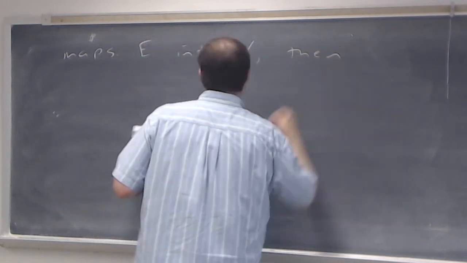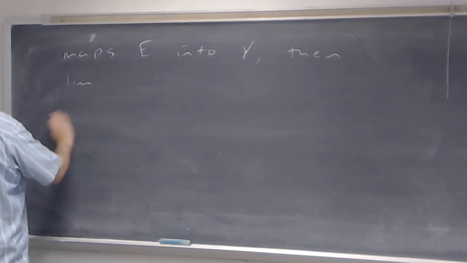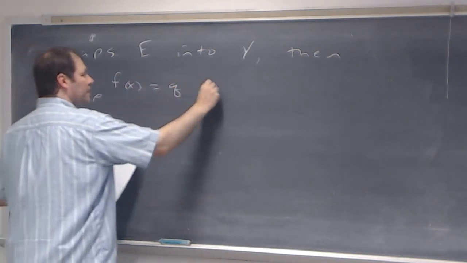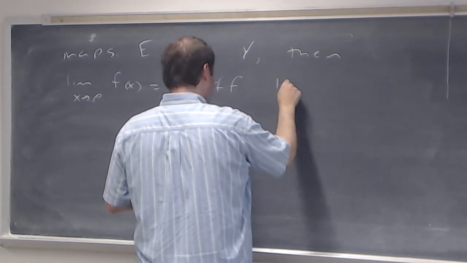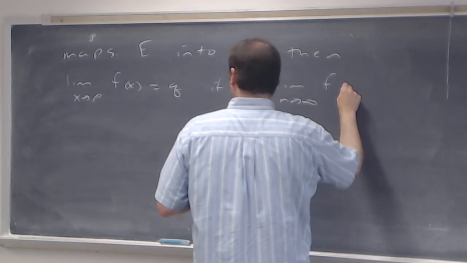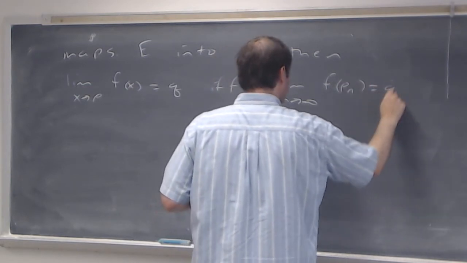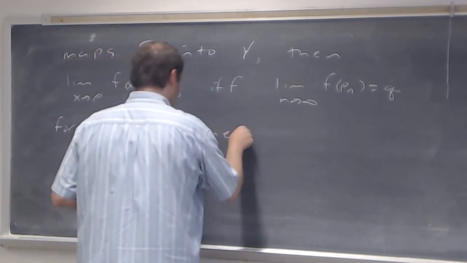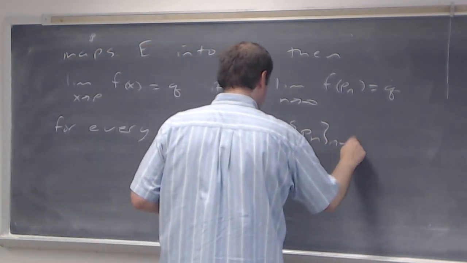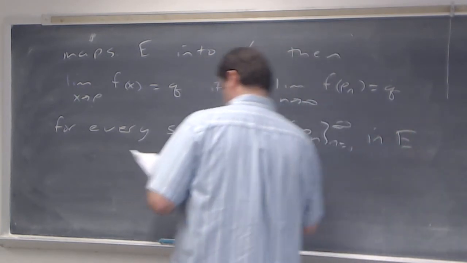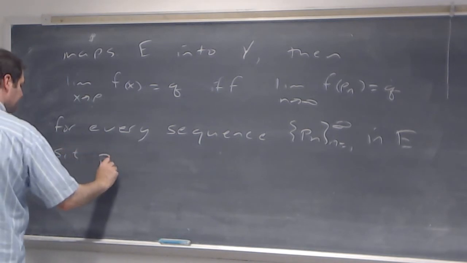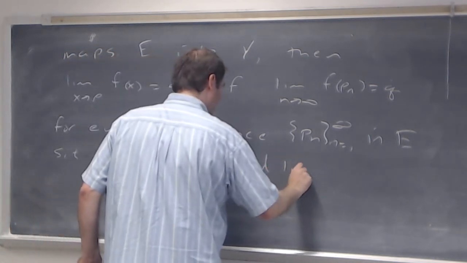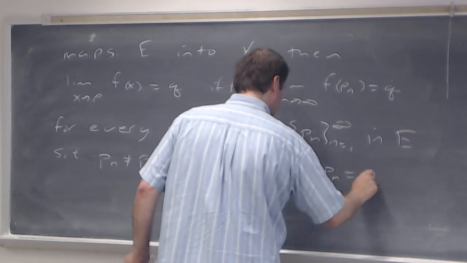Then the limit as X goes to P of F of X equals Q if and only if the limit as n goes to infinity of F of P sub n equals Q, and that's for every sequence P sub n in E such that P sub n is different from P, and that's true for all n element of J, and the limit as n goes to infinity of P sub n equals P.